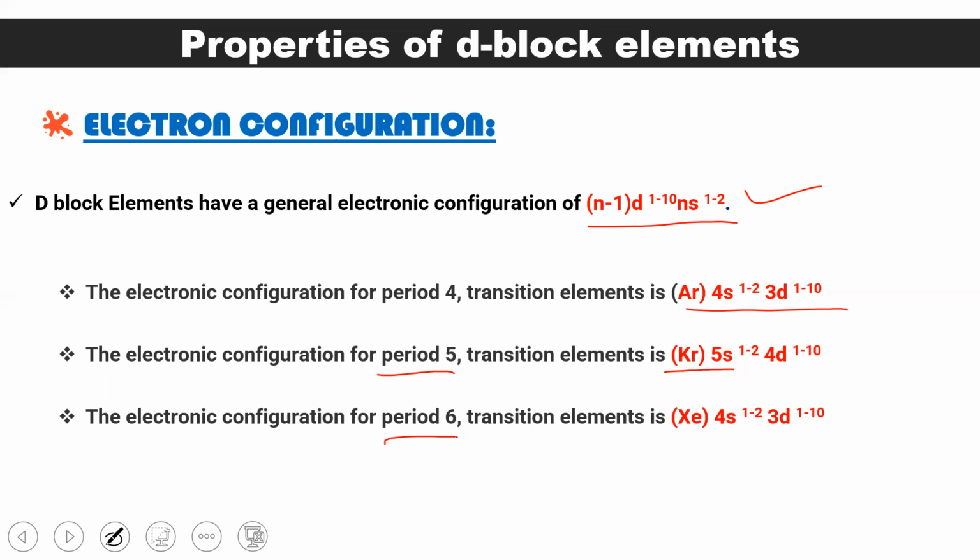Likewise for period 6, there is xenon, a zero group element. Up to xenon there is no change in the electron configuration, and after that the outermost configuration is 6s 1 to 2 and 5d 1 to 10. This is the general outermost electron configuration for the D block elements, and the important one is (n-1)d 1 to 10 ns 1 to 2.